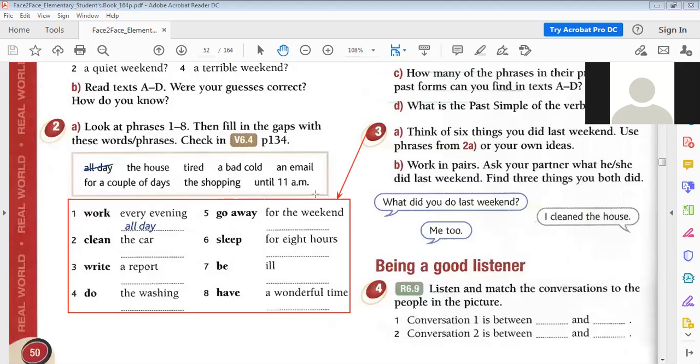You mean stories, or a novel? Okay, interesting, enjoyable. Yes, your sentence is correct. I read interesting stories.